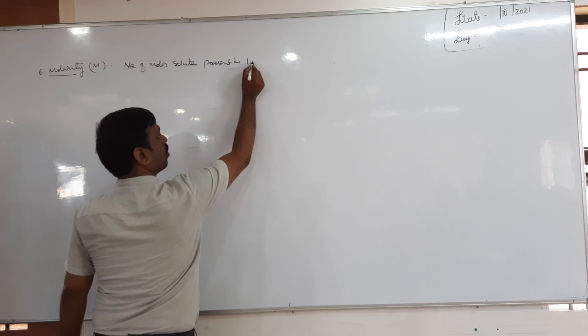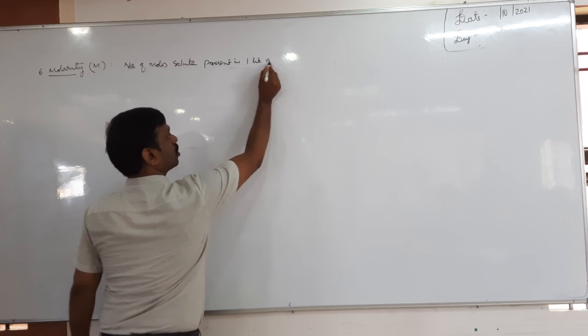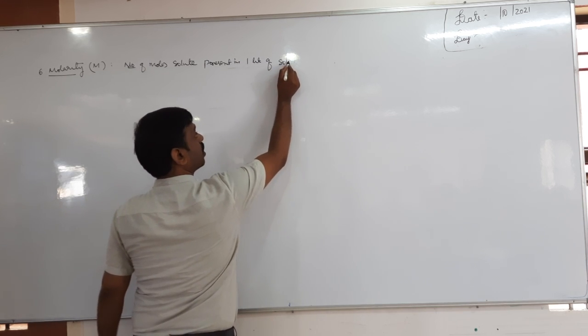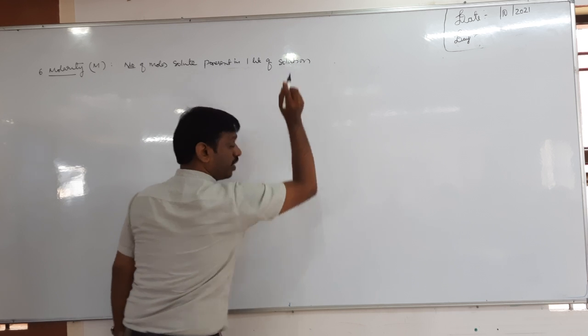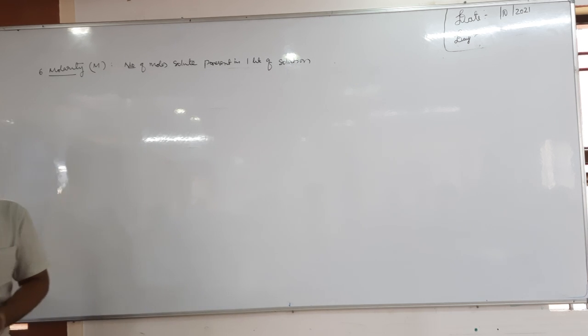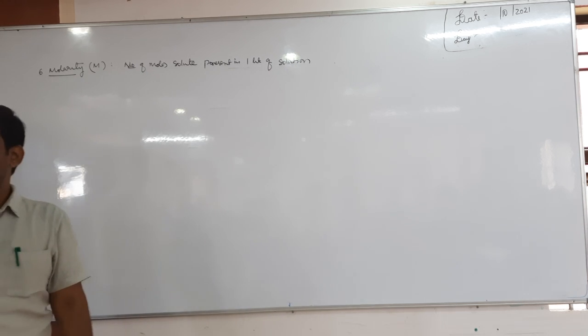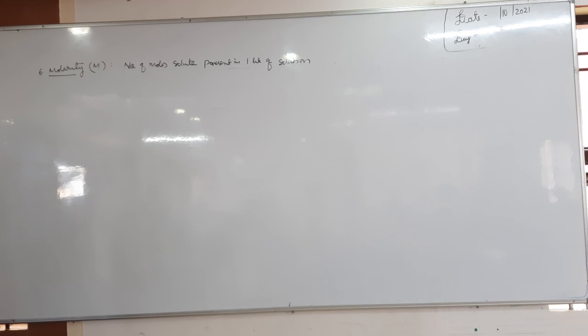It must be solution, not solvent, right? So the number of moles of solute present in 1 liter or 1 decimeter cube of solution is called molarity.